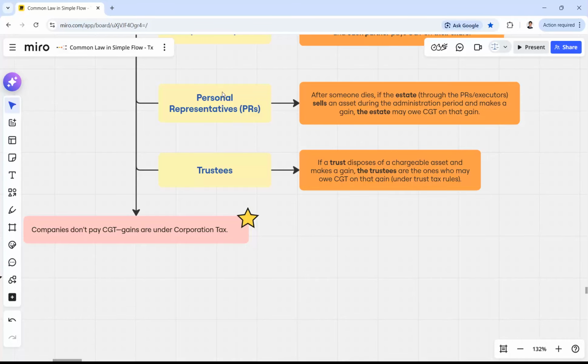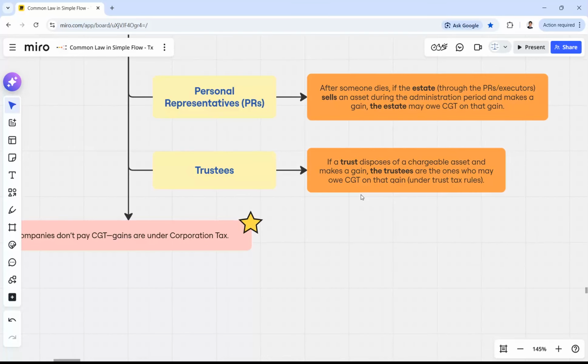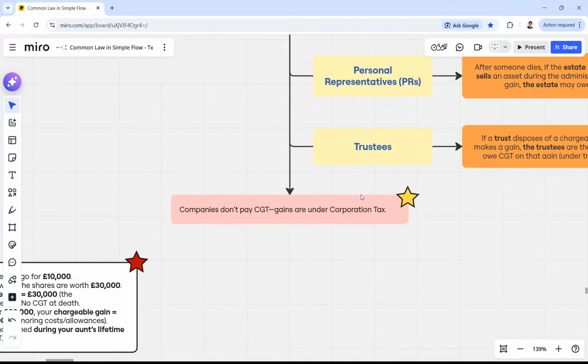Personal representative is just representing the estate when a person dies. A trust and trustee is just a general trustee who holds something for beneficiaries. If a trust disposes of a chargeable asset and makes a gain, the trustees are the ones who may owe CGT on that gain under trust tax rules.